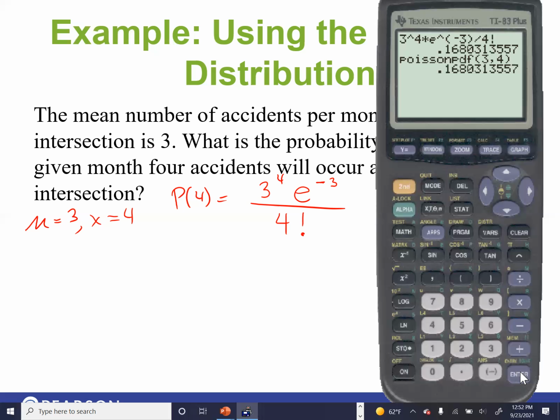And boom. Tristan, did you have that? As long as you got 0.16803, blah, blah, blah, we are good. Okay, cool. And one more. Yep, sure, absolutely.